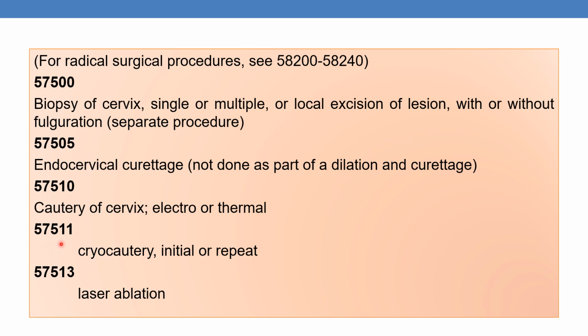Next is 57511, cautery of cervix, not electro or thermal. Here the procedure is cryocautery, initial or repeated procedure. The next is 57513, cautery of cervix with laser ablation.